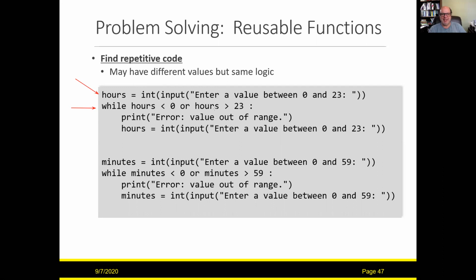This is the validation of my input. We talked about validation, and I'm asking you to do it in your work for this week. So if the hours are less than 0 or greater than 23, we're going to print an error message and read again.